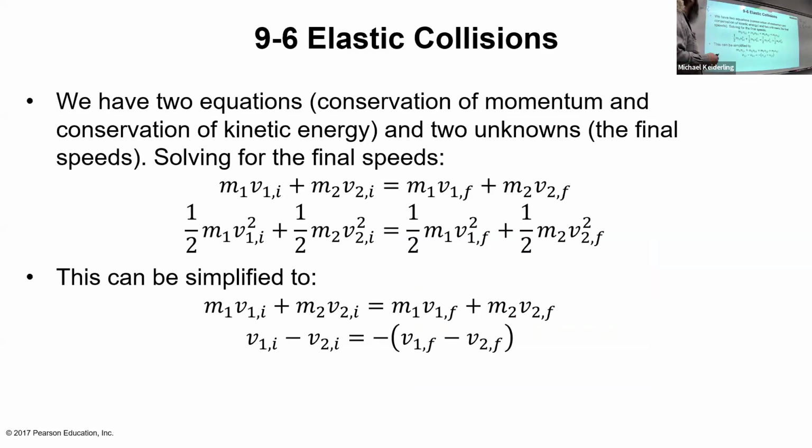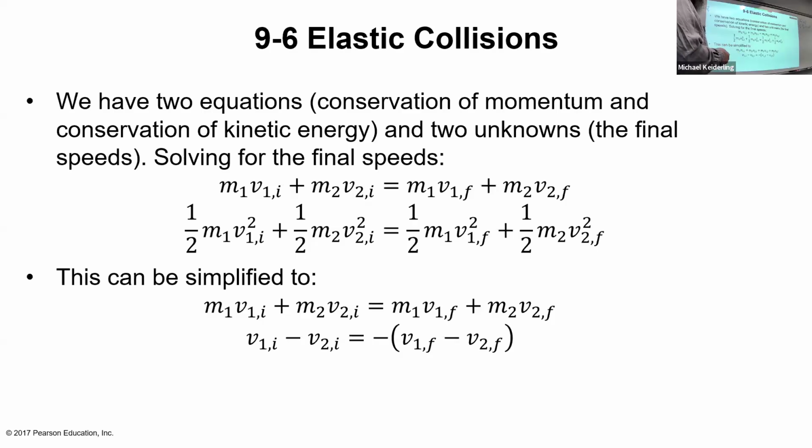So these are the equations. If you have two objects colliding in one dimension, this is conservation of momentum: mass 1 times velocity 1 initial plus mass 2 times velocity 2 initial equals mass 1 times velocity 1 final plus mass 2 times velocity 2 final.